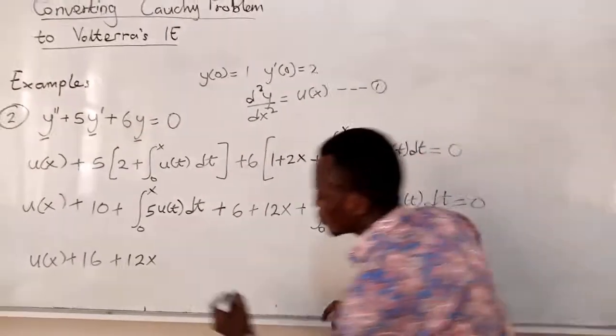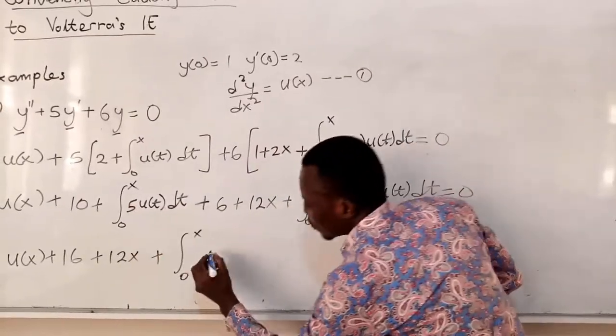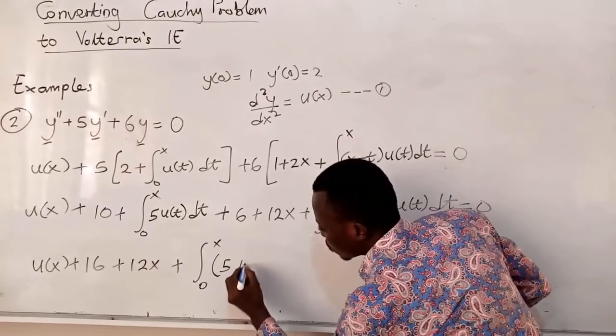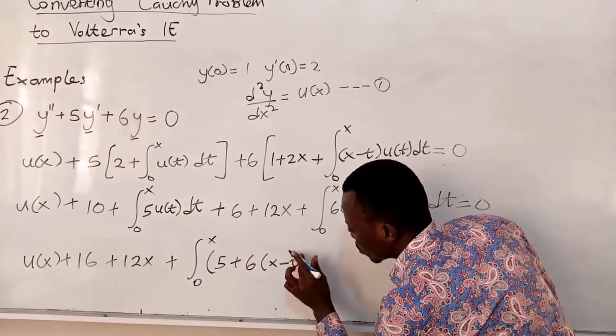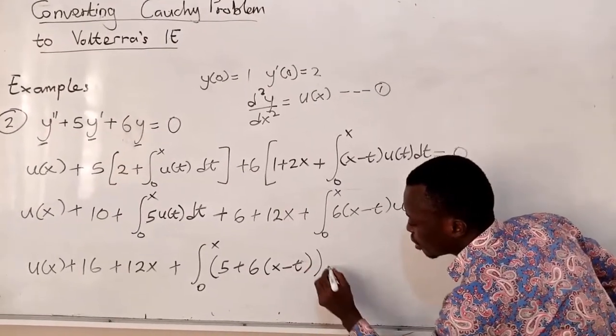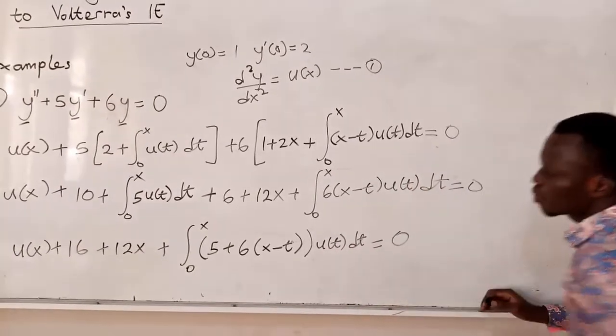Now we're going to have plus the integral from 0 to s of (5 plus 6(s minus t)), then you close the bracket, times u of t dt, which is equal to 0.